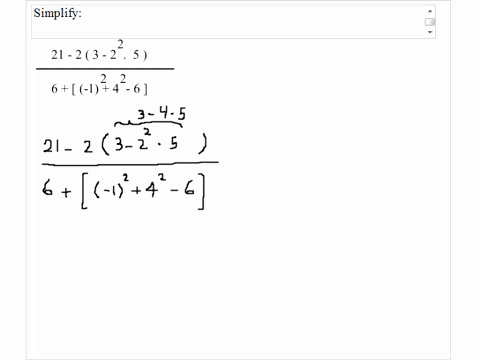So this would be equal to 3 minus 20. So at the top of the fraction, I would have 21 minus 2 times 3 minus 20.